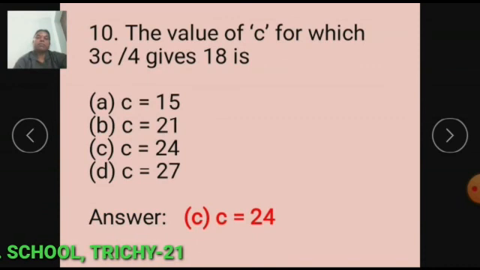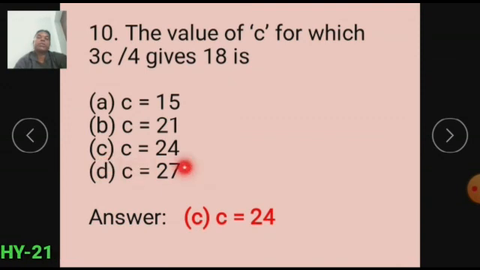Question number 11. The value of C for which 3C by 4 gives 18 is option A, C equals 15, option B, C equals 21, option C, C equals 24, option D, C equals 27. The algebraic equation is 3 into C divided by 4 equals 18.